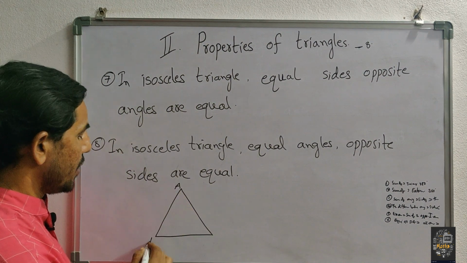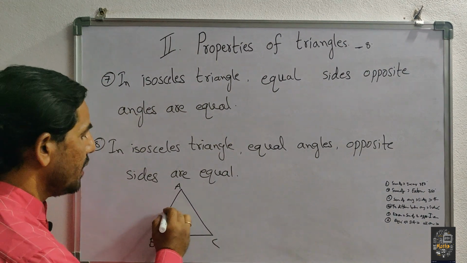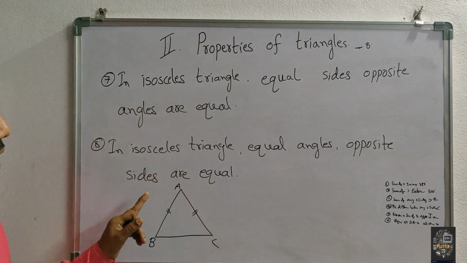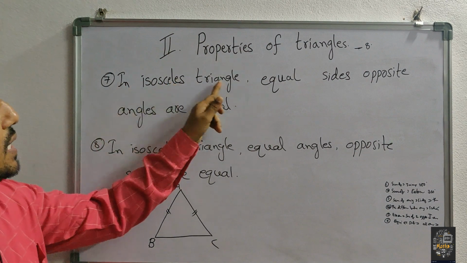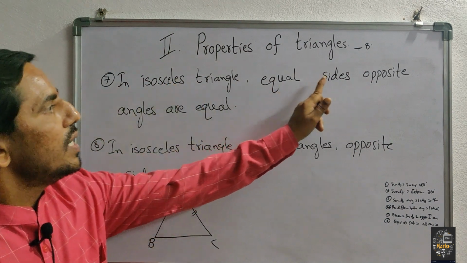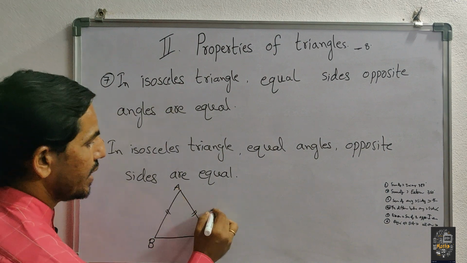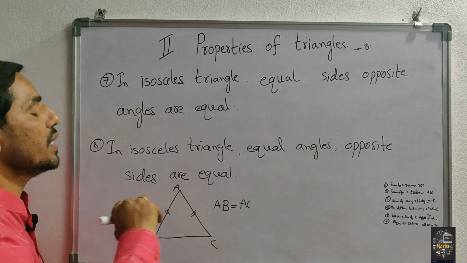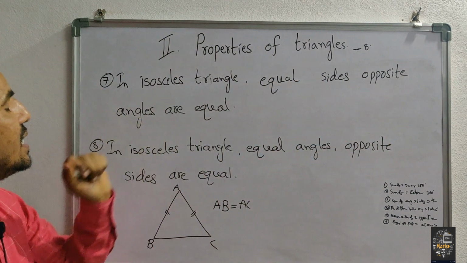This is point A, point B, point C. So here AB side is equal to AC side. In an isosceles triangle, these two equal sides, AB is equal to AC. Equal sides opposite angles are equal.